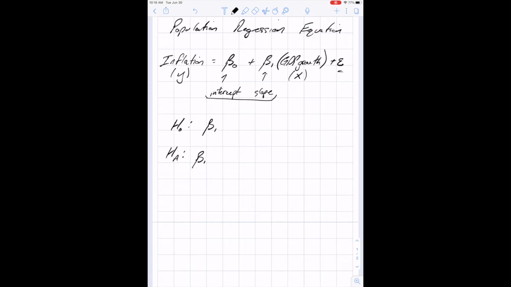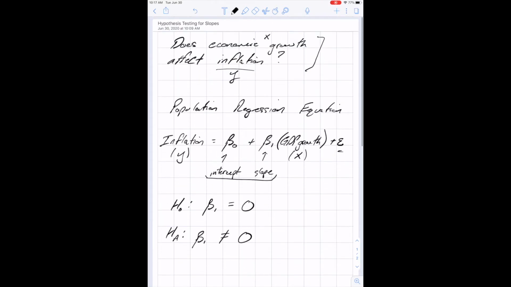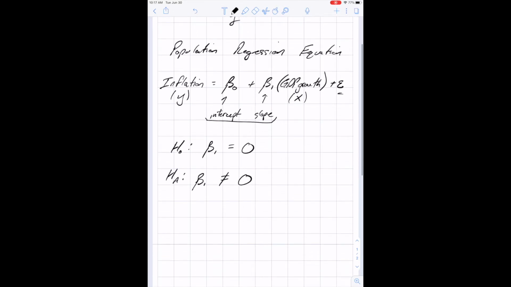So we will be writing our hypotheses in terms of that unknown population parameter that we're trying to ask our question about. Well, if the answer is no, then the null hypothesis will be true. Beta 1 equals 0. Beta 1 does not equal 0 for the alternative, then that answer would be yes to this research question if the alternative is true. So that should be familiar to you.